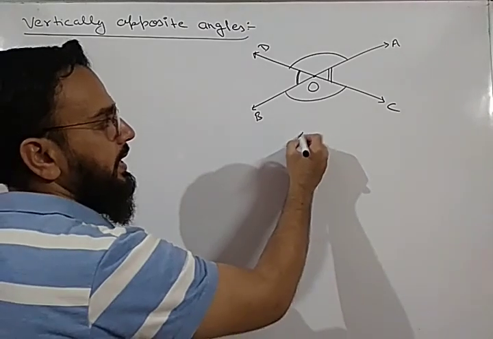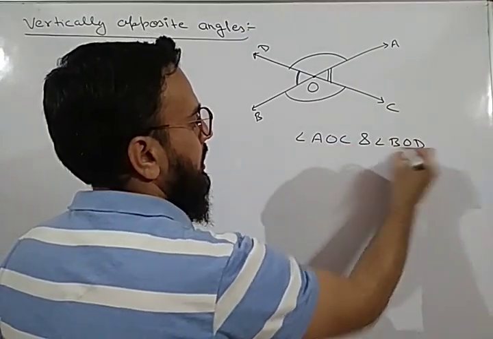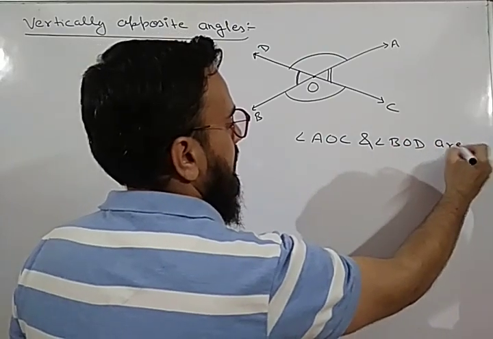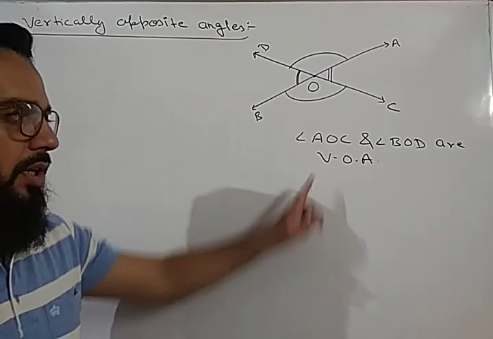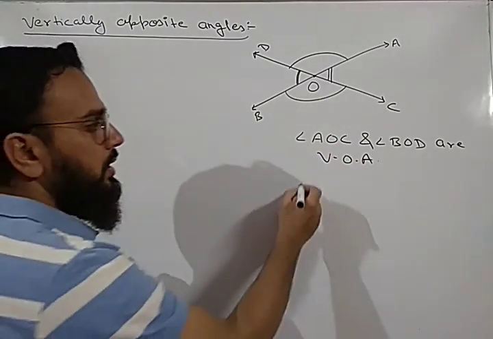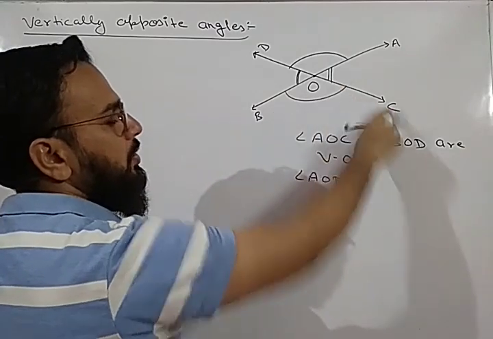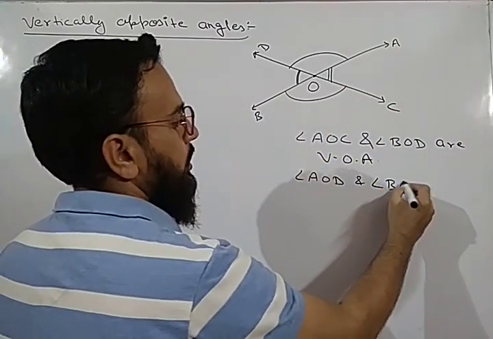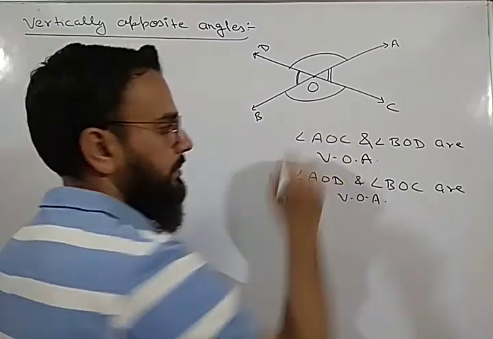We can say that angle AOC and angle BOD are vertically opposite angles, denoted by VOA, that means vertically opposite angles. Similarly, angle AOD and angle BOC are vertically opposite angles.